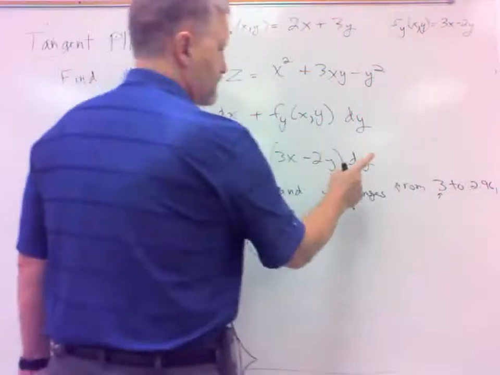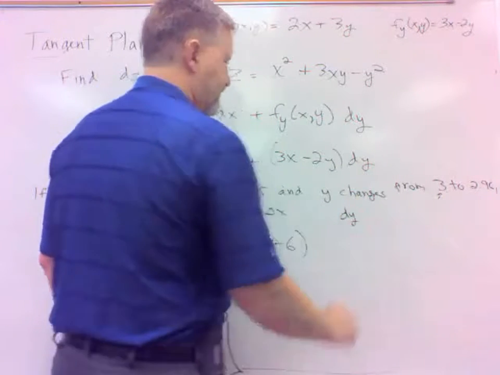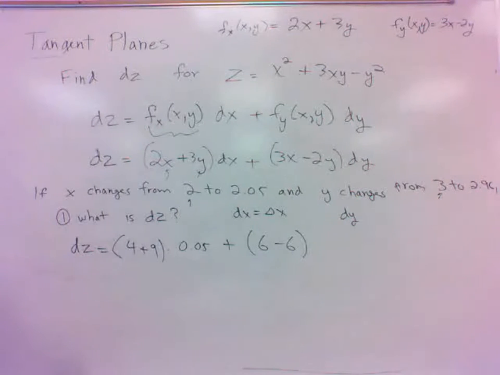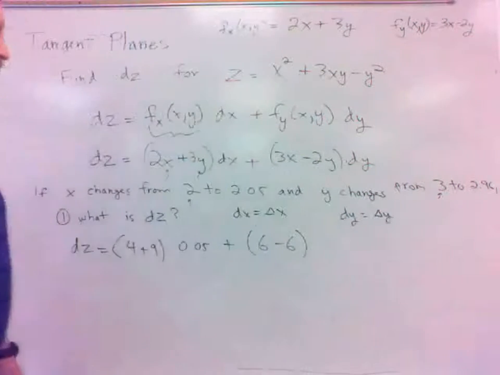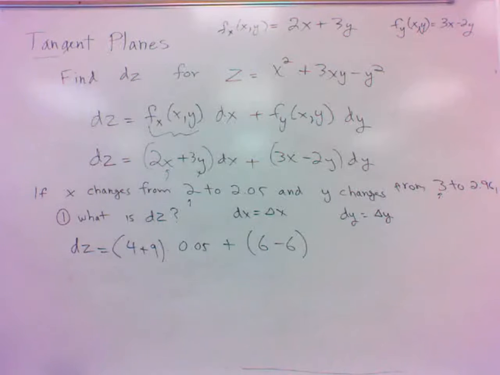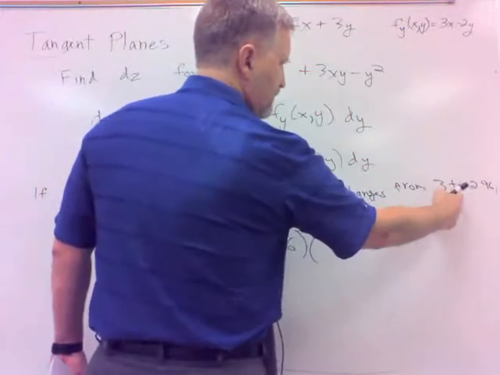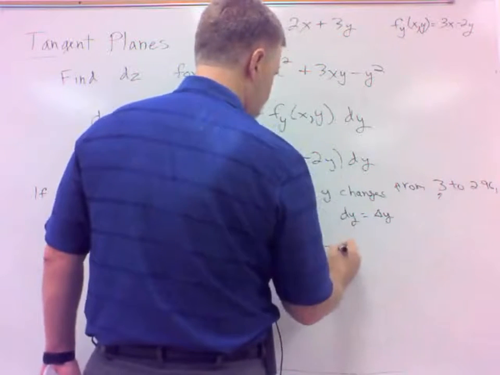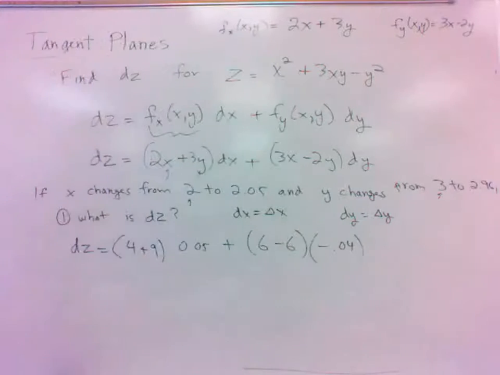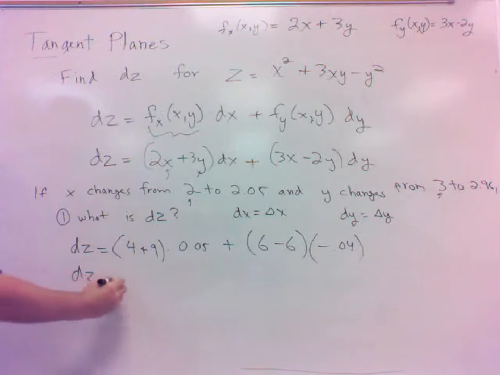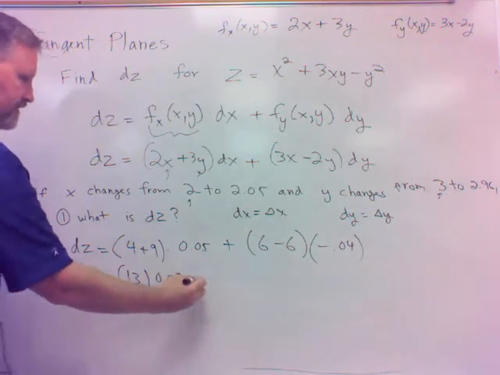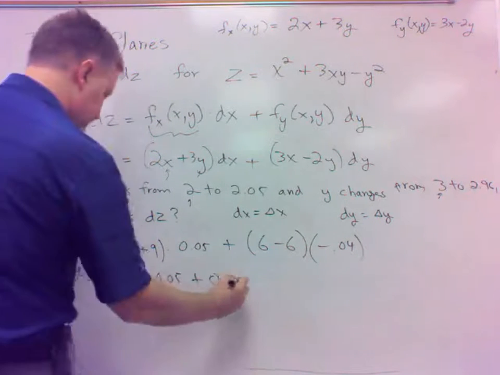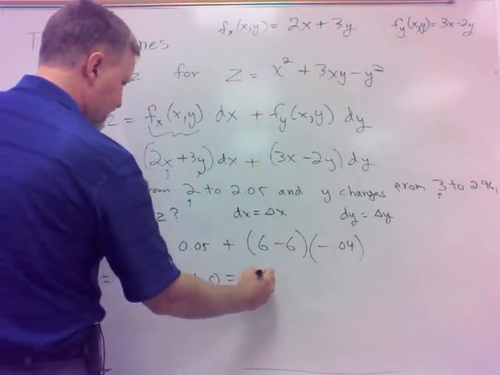And then in this case, what's dy? Well, now that's our independent variable. So dy and delta y are going to be the same, because that's just how much we're changing the y. So the change in the y would be negative 0.04, which is not going to matter because that's 0. Okay. So that's dz equals 13 times 0.05 plus 0. So it's what? 0.65.